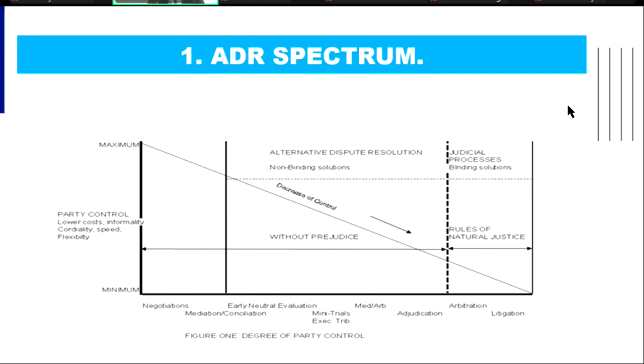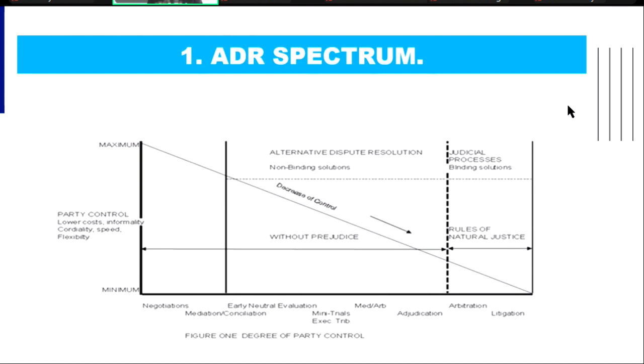Your power and control for the cost and formality started to reduce, to come down. As things probably get harder or get tougher, or each and every party try to tighten their belts or harden their stance in the dispute, you get to the medium part of my graph.